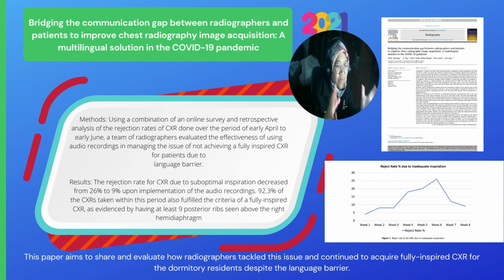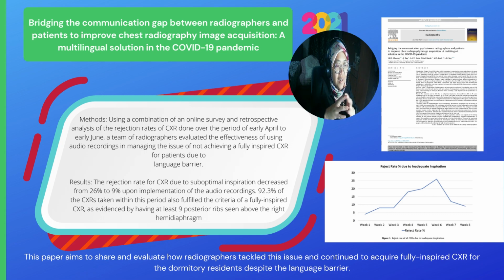Because of the language barrier, they started using audio recordings so that the patients were familiar with the language and could follow the instructions. The rejects actually decreased from 26% to 9%, which is the biggest achievement of this audio recording intervention.